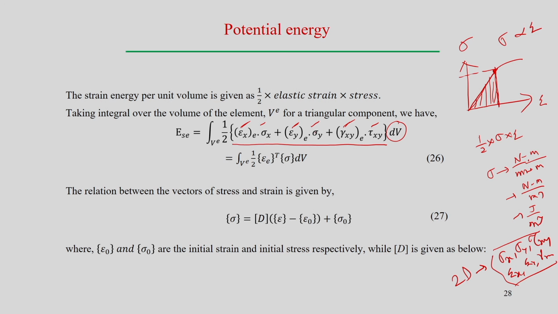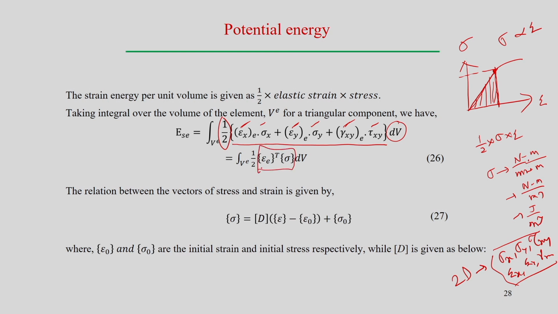This indicates the total multiplication. In general, total stress into strain, with the half and the integration over the volume, dV being the elemental volume, indicates the total potential energy of this particular element in a finite element domain.